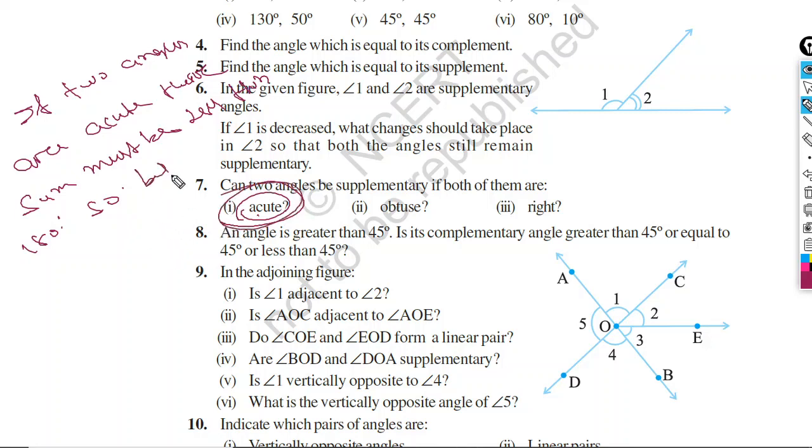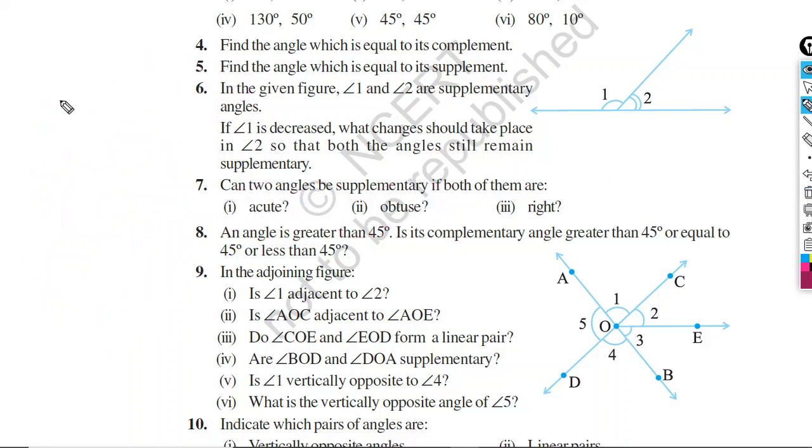So both angles cannot be acute. Okay. Now similarly, can both the angles be obtuse? Now obtuse means greater than 90 degrees. That means we know 90 plus 90 equal to 180.